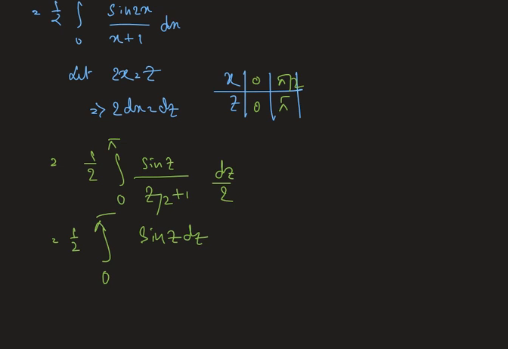Here we have 2, therefore here we have 2 sin z divided by z plus 2, and dz by 2. Now these 2's are cancelled out, we get half integration sin z dz divided by z plus 2.